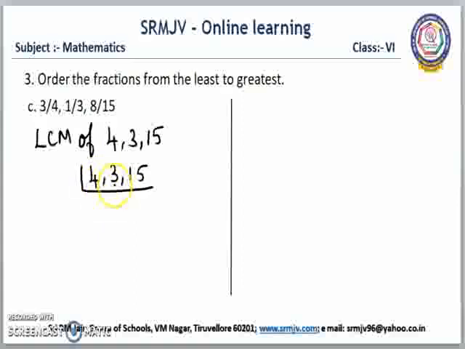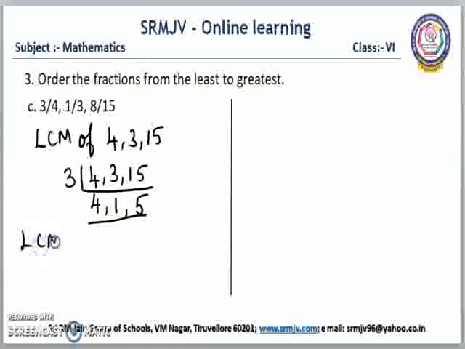No. But 3 and 15 have a common factor 3. So 4 is not divisible, we have to write it as it is. In 3 table 3, 1 time. In 3 table 15, 5 times. Hereafter, 4 and 5 have no more common factors other than 1.